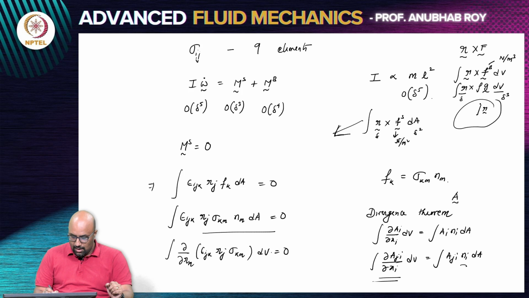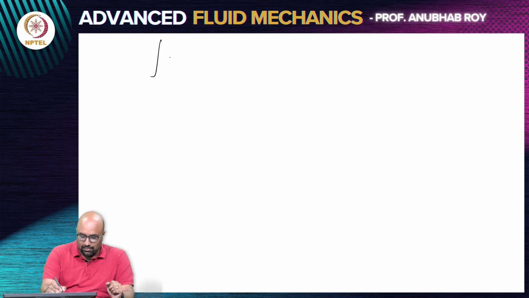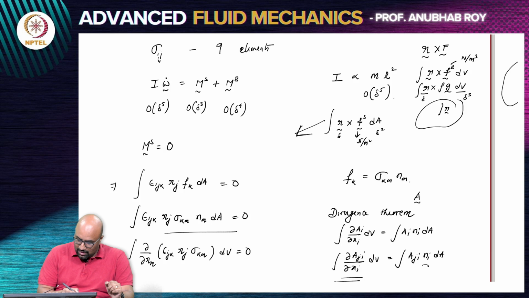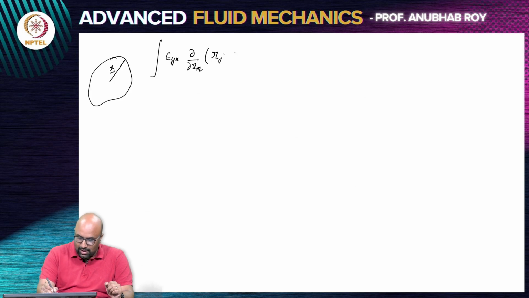Now epsilon ijk is a constant tensor, so I don't need to bother about it and can just take it out. So I have dou rm of rj sigma km dA equal to 0. You have a volume and then you have a point on the surface given by the vector r. You can use r or you can use x, but I'm just trying to be consistent with how I've defined it.